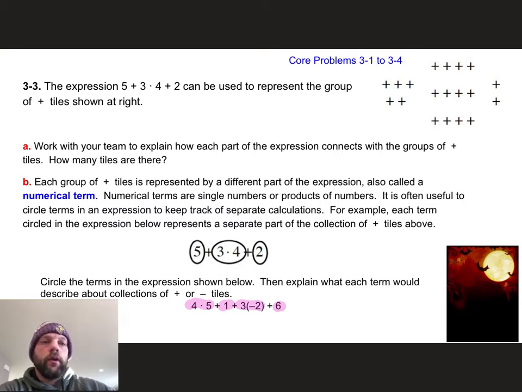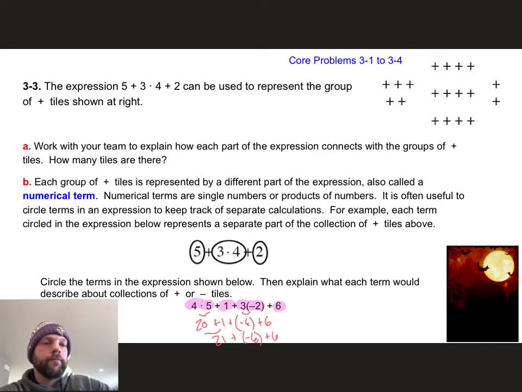So if I'm trying to solve this problem, I then have 4 times 5, which is going to give me 20, plus 1, and then this is a negative 6 plus 6. So 20 plus 1 is going to give me 21.